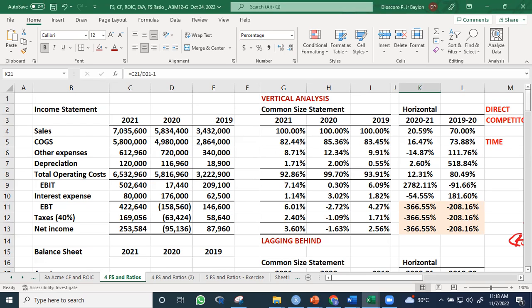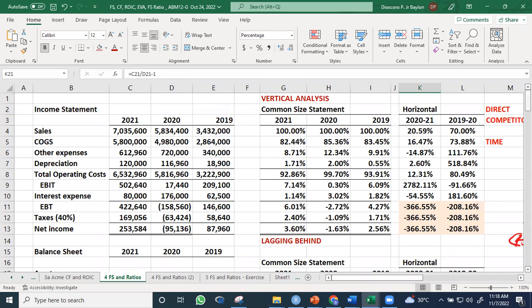Kasi may project kayo, class, group project, okay, and then you will be asked to analyze a financial statement. So siguro next Thursday, didiscuss natin yon so that you can already start working on that project. And it's all about analyzing financial statements.